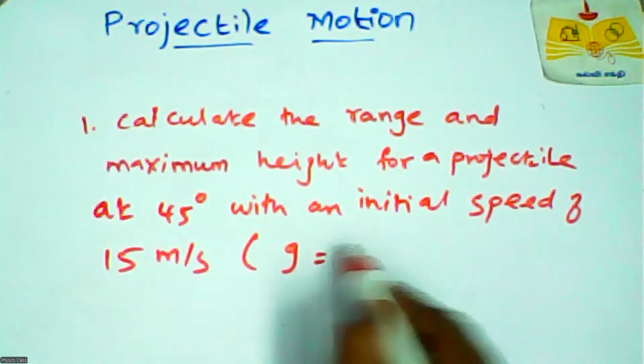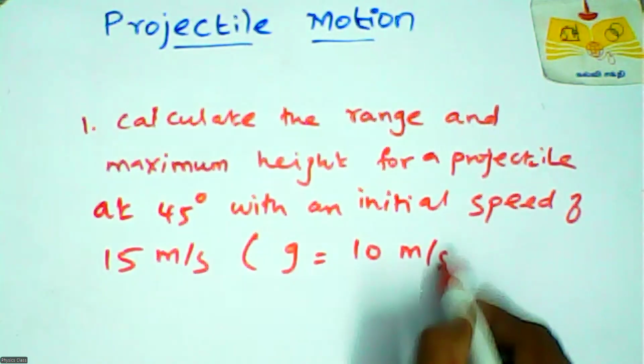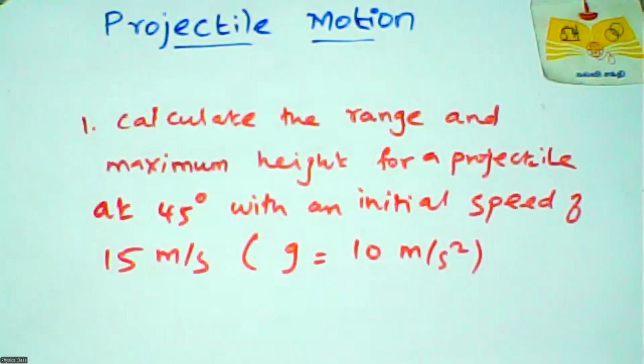You can take g as 10 meter per second square. This is the first problem. Just note it down.